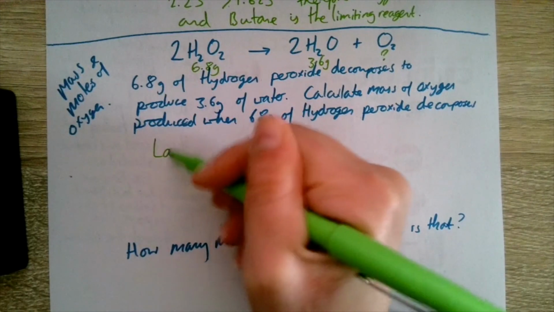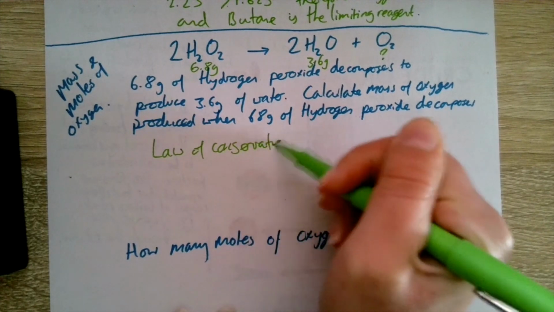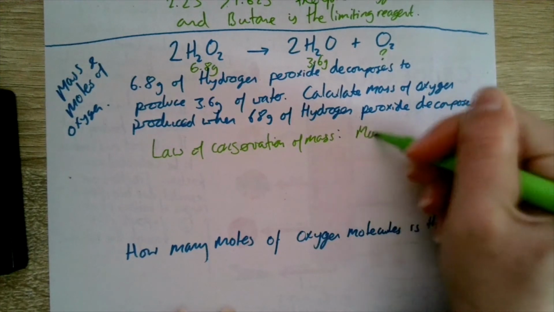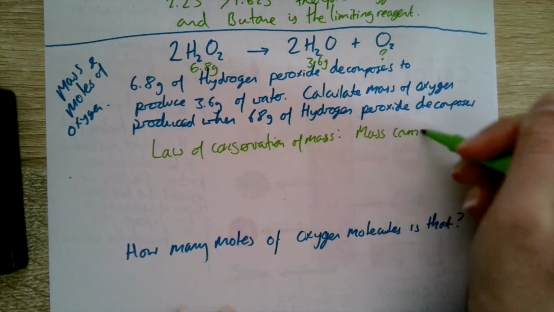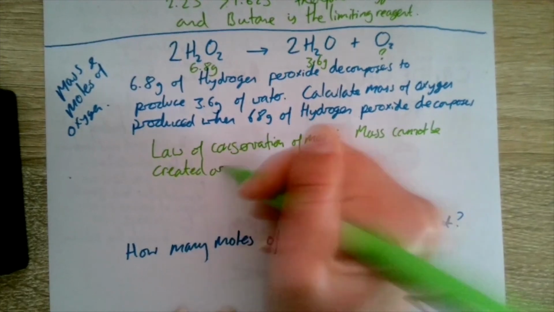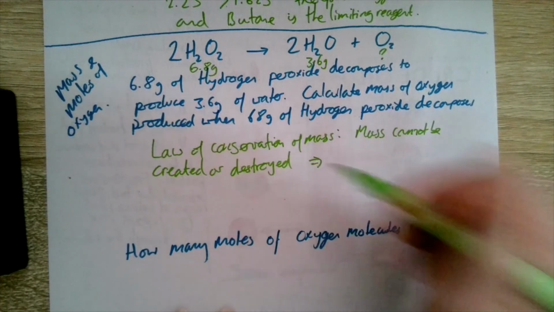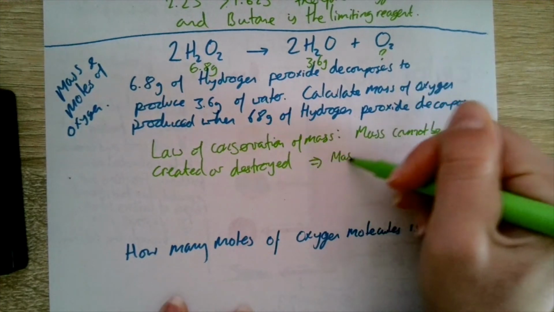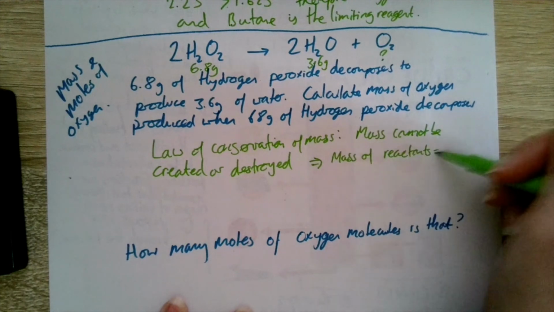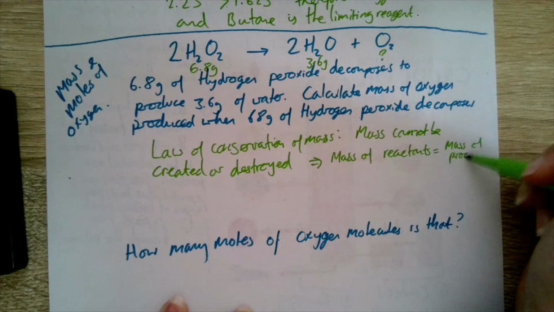If we remember our law of conservation of mass, that tells us that mass cannot be created or destroyed. Therefore, our mass of our reactants is equal to our mass of our products.